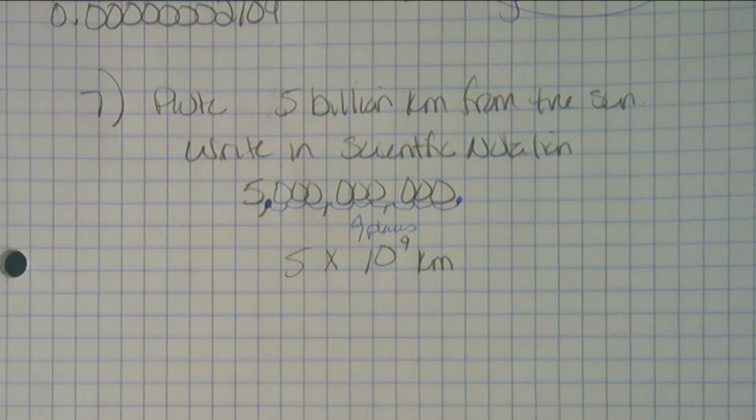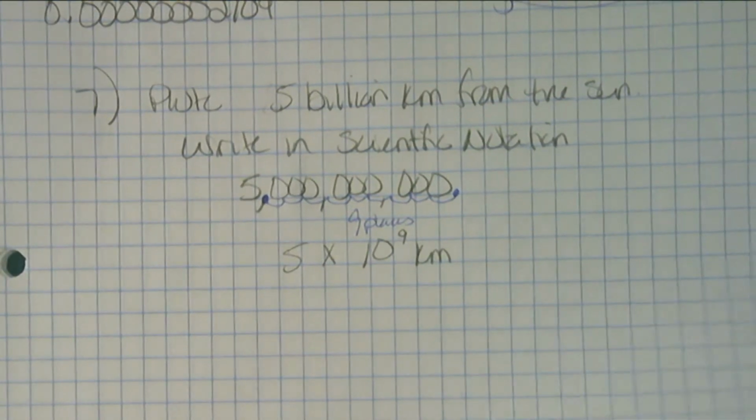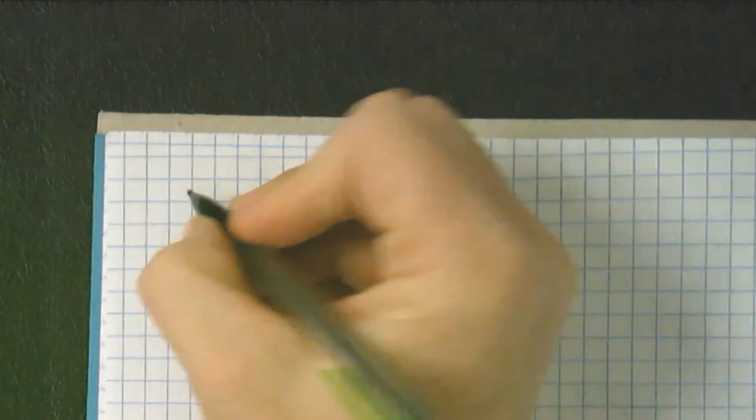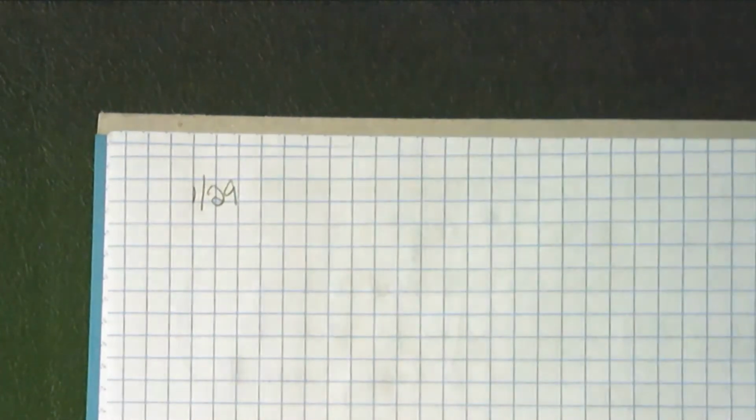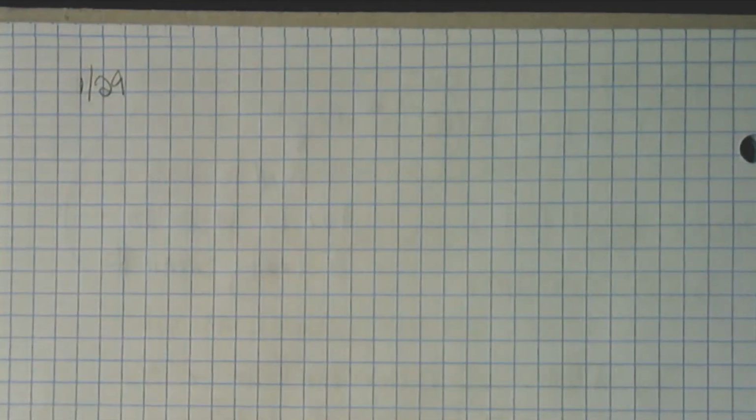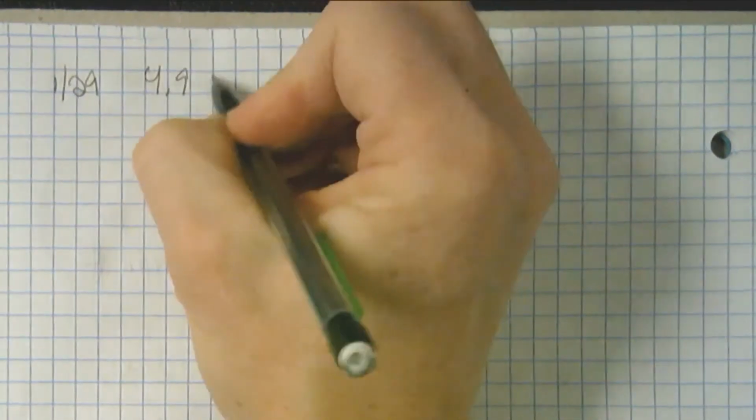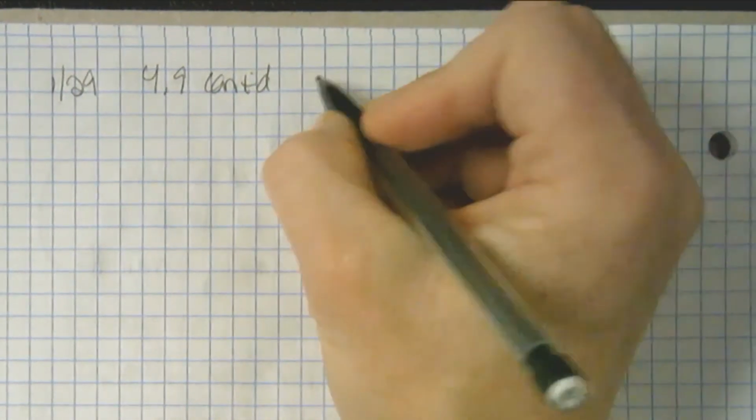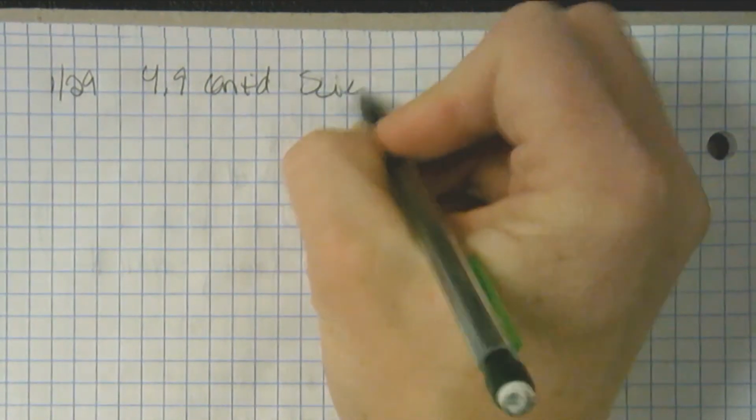All right, put this away, get your notes out. I have one new thing for you. All right, so we are still in 4.9. We're still talking about scientific notation.